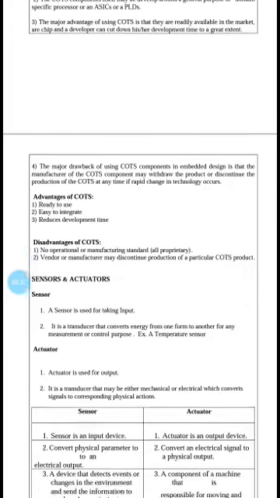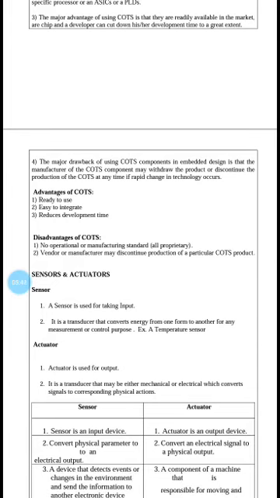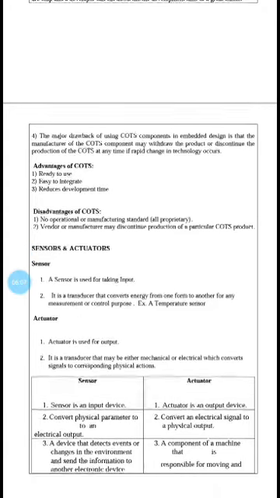So a sensor can be used for taking an input. When an input is taken, it converts energy from one form to another form, and it acts as a transducer. The best example of a sensor is a temperature sensor.